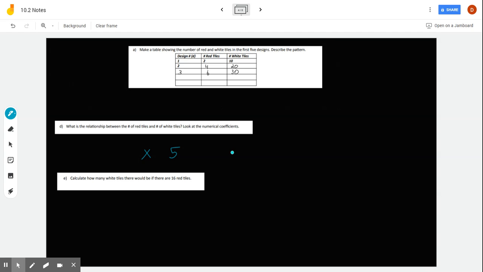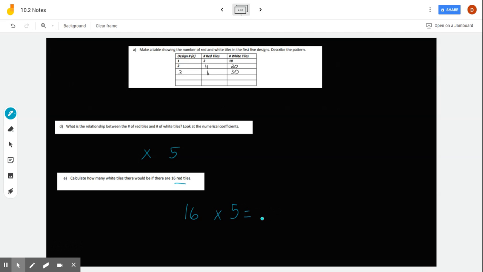So we can assume then, if we know the number of red tiles, it'd be very easy to figure out how many white tiles there were. It's just that we're going to multiply it by 5. So if there were 16 red tiles, we multiply that by 5, and we should get the number of white tiles in that part of the design.